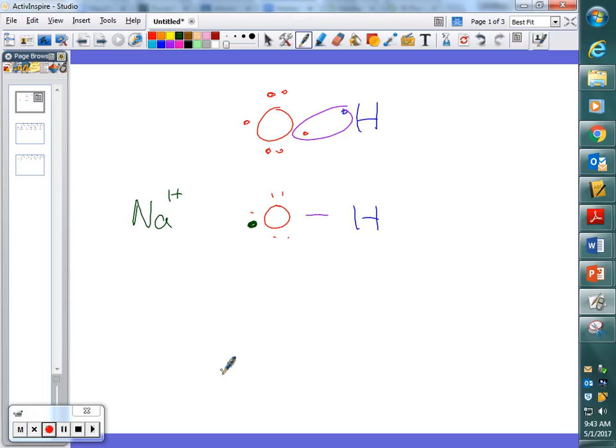Because that oxygen has picked up that extra electron from sodium, it now has a negative charge. But it's already bonded to this hydrogen, and so now this group of atoms, this oxygen already bonded together with hydrogen, has a negative charge as a group.